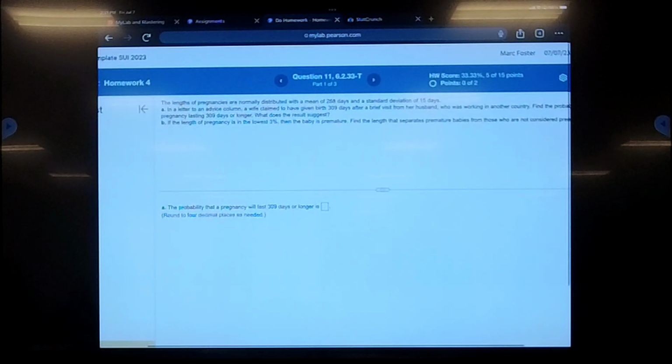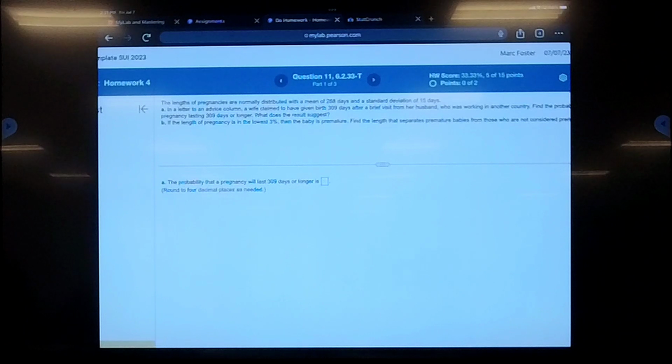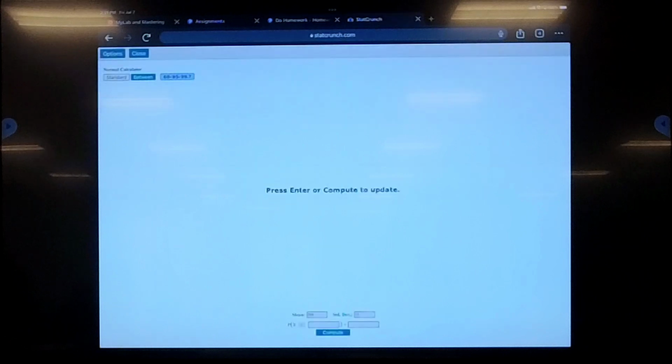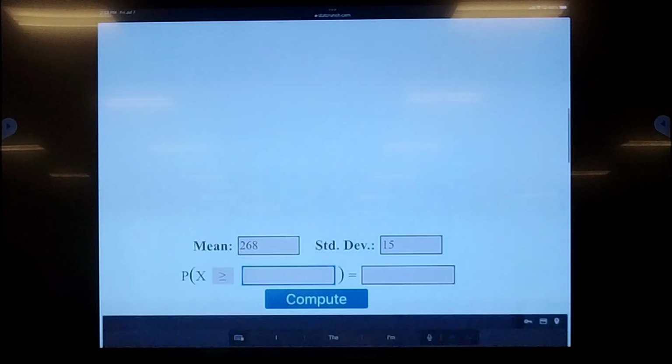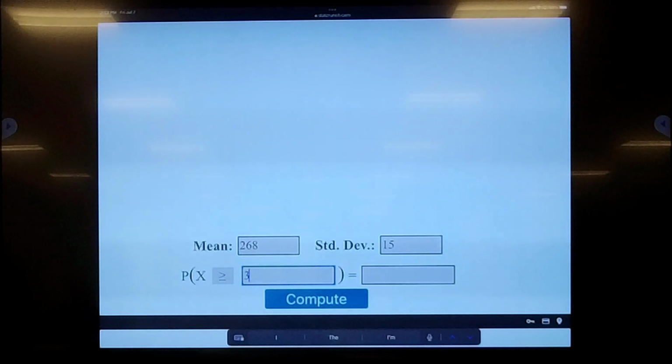So she gave birth 309 days after her husband visited her. He was working out of the country. She gave birth 309 days later. So we have to wonder, what's the probability that you would have a pregnancy that lasted 309 days?